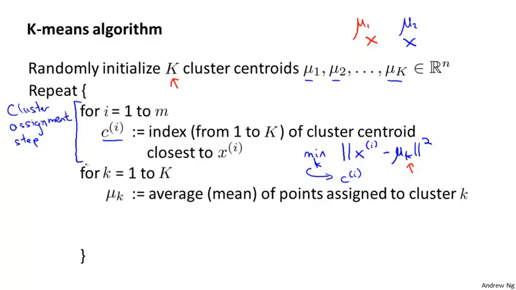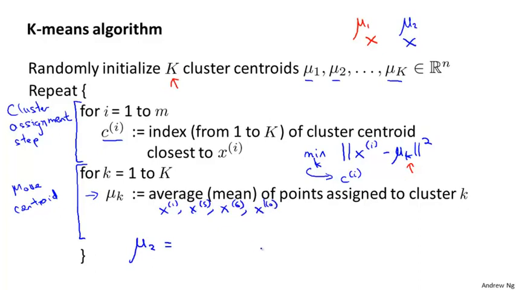The other inner loop of k-means does the move centroid step, and what that does is, for each of my cluster centroids, so for lowercase k equals 1 through K, it sets mu k equal to the average of the points assigned to that cluster. As a concrete example, let's say that cluster centroid 2 has training examples 1, 5, 6, and 10 assigned to it.